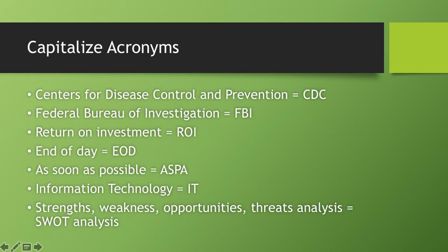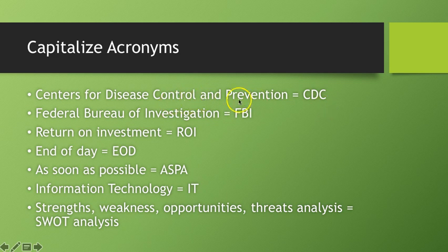And we need to capitalize acronyms. Acronyms are abbreviations of words and phrases where you typically take the major words of a phrase and take the first letter of each. For example, Centers for Disease Control and Prevention is known as the CDC.